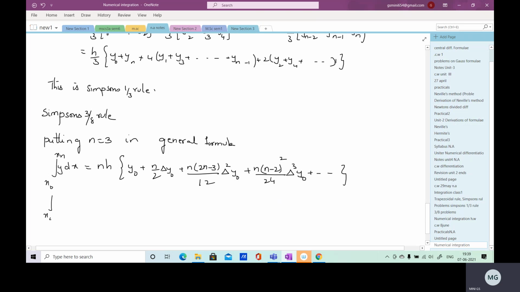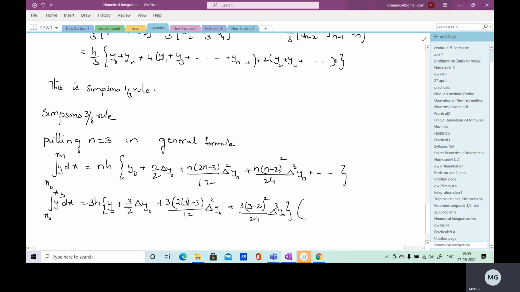So here instead of xn, I'm taking it as x3: the integral of y dx is equal to 3h into y naught plus 3 by 2 times del y naught plus 3 into 2 into 3 minus 3 by 12 times del square y naught plus 3 into 3 minus 2 whole square by 24 into del cube y naught.